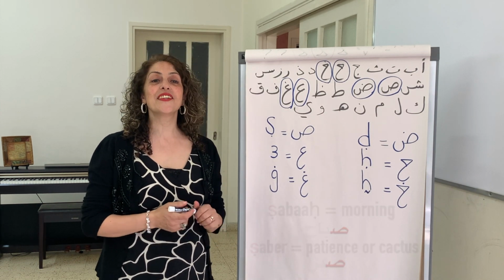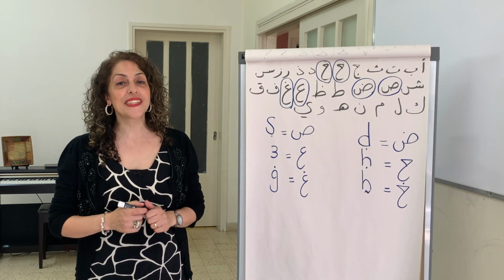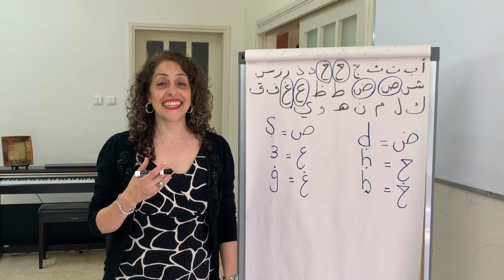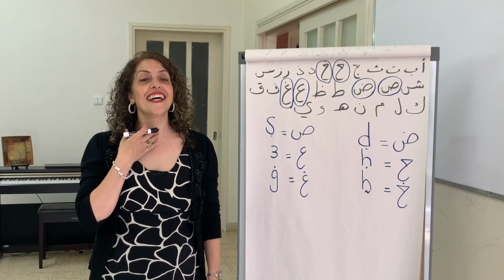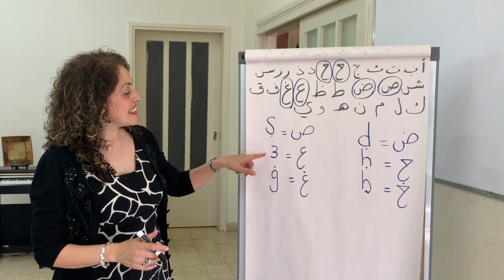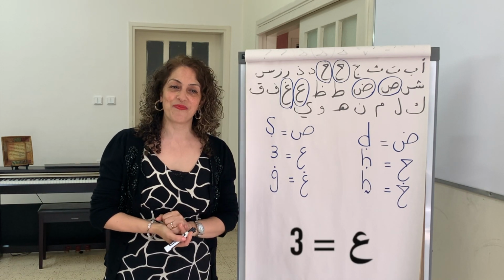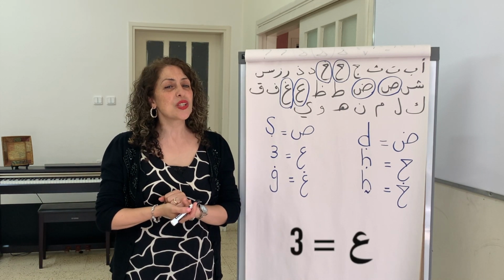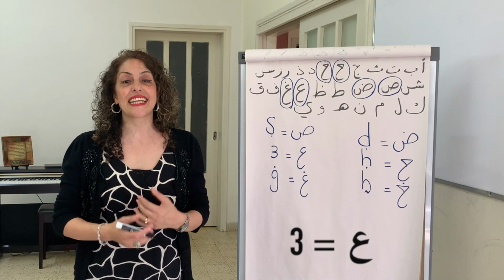We come to another letter which is hard for you to say. It's the Ayn. We will write it as the number 3 in English. It's what I would simply call a choking letter.